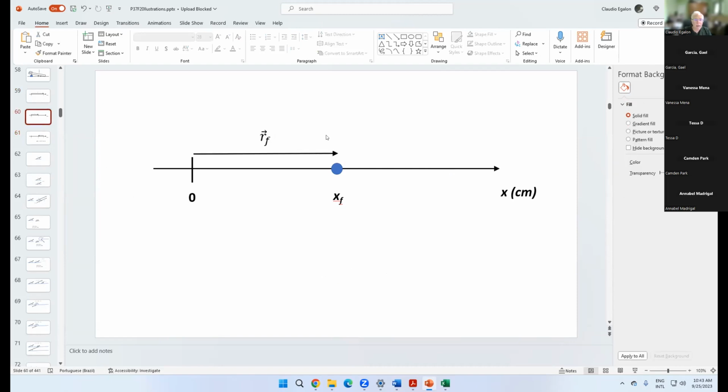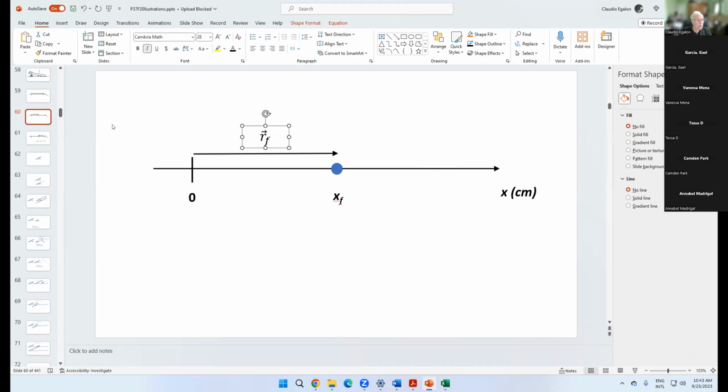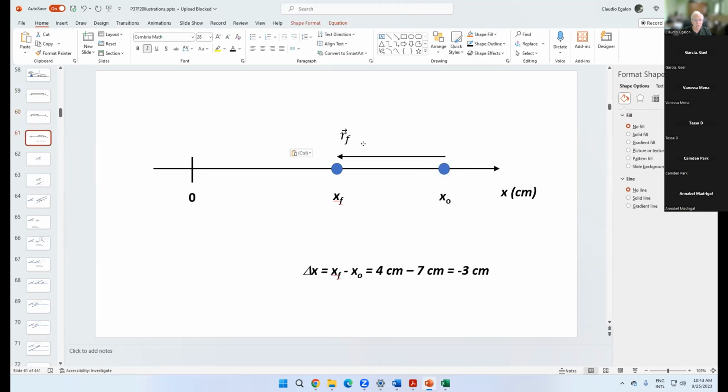Delta R equals final position minus initial position.